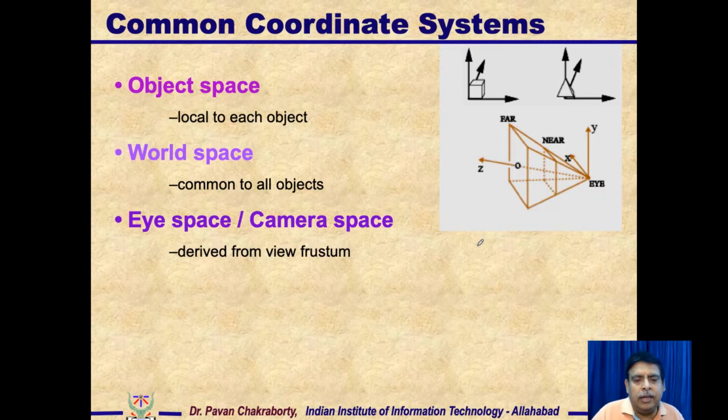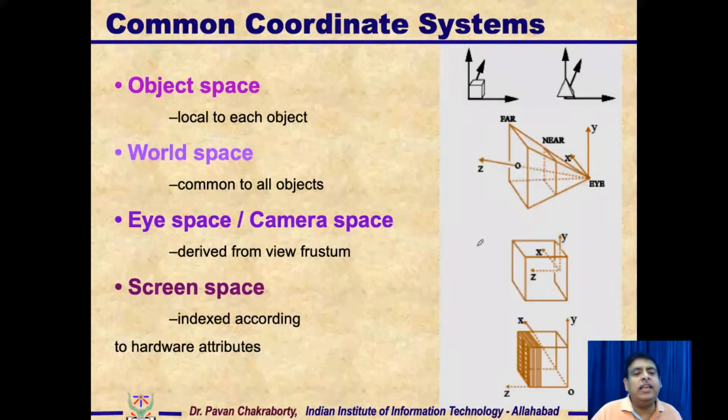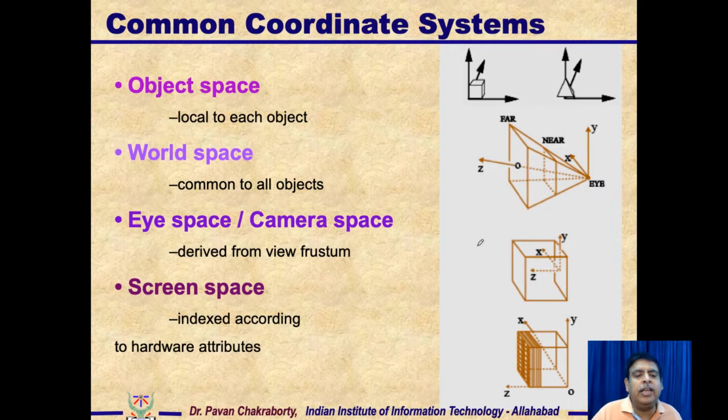That depends on the direction from where we are looking at the world. Then finally, the camera or eye space is converted to the screen space, and in the screen space we need to index according to the hardware attributes, that is the resolution of the screen and so on and so forth.